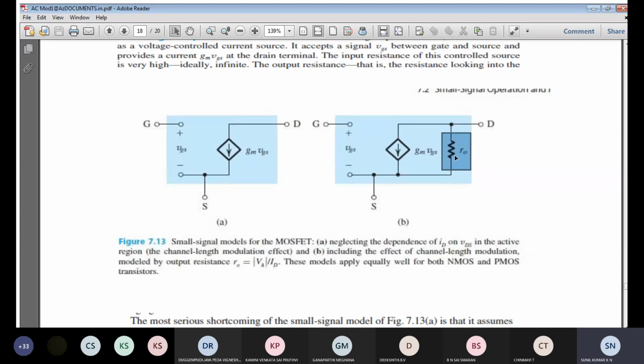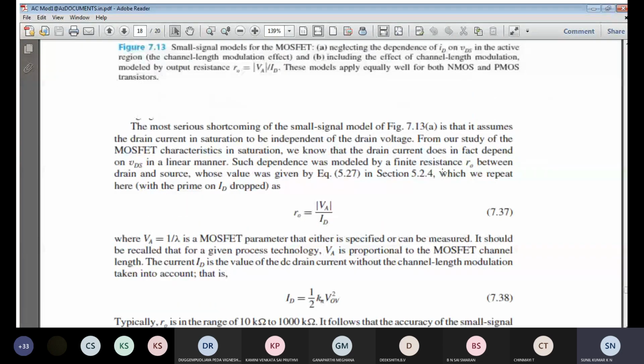These models work properly with both NMOS as well as PMOS transistors. The drain to source resistance is modeled using this expression: R naught is equal to VA by ID, where VA is the early voltage and ID is the current. If you plot the VI characteristics backward, you get a certain voltage on the negative x-axis, which is considered the early voltage.